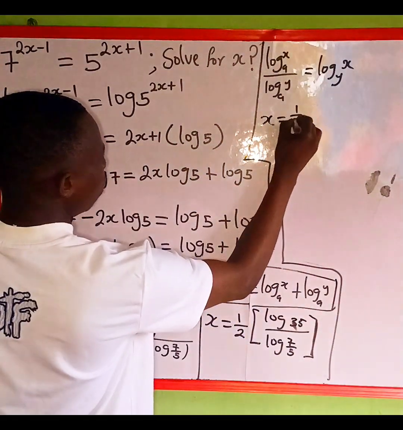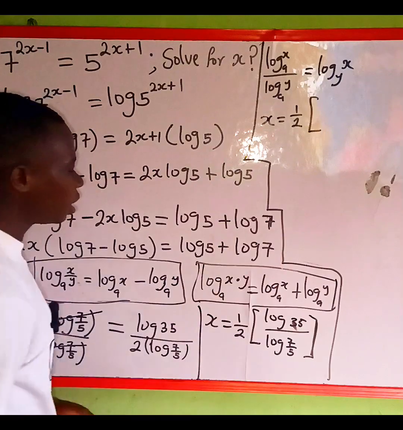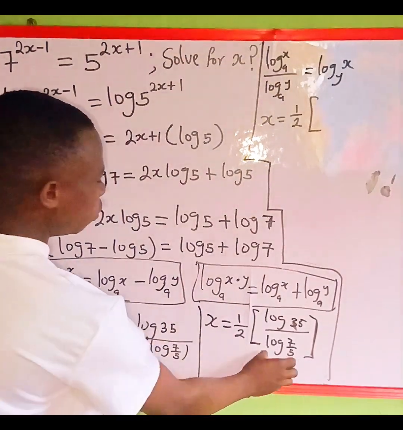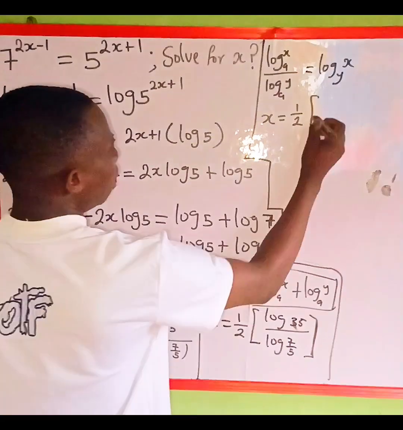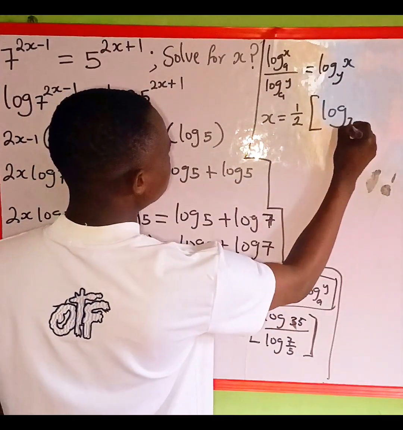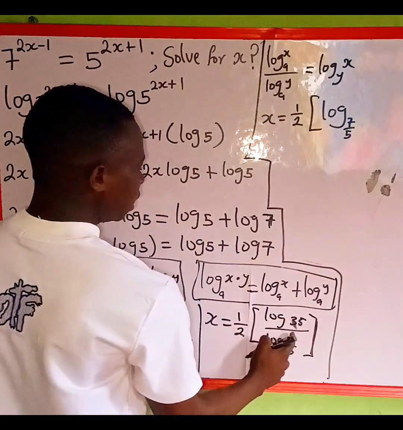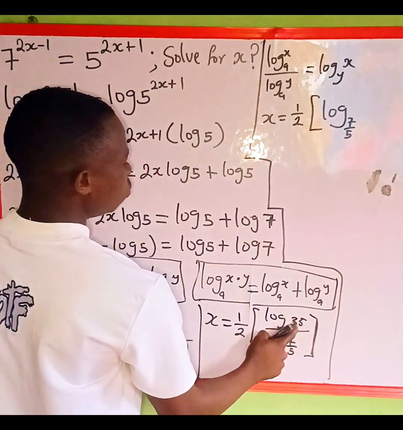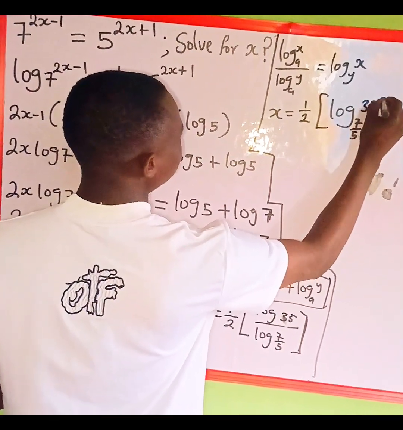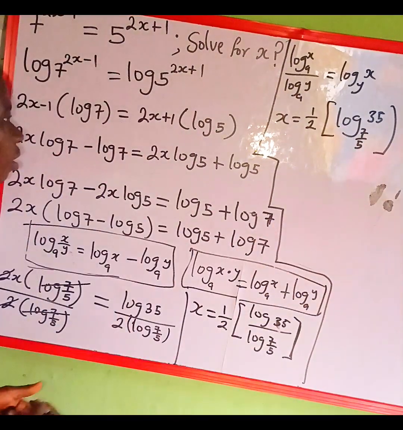X now is equal to 1 over 2 into the bracket. Remember, the property applies to this bracket, only this bracket. So we're going to have log to the new base, which is y, which is the same as 7 all over 5. Then our new term now is going to be what? X, which is the same as 35. So we have 35. So we have successfully changed the base.